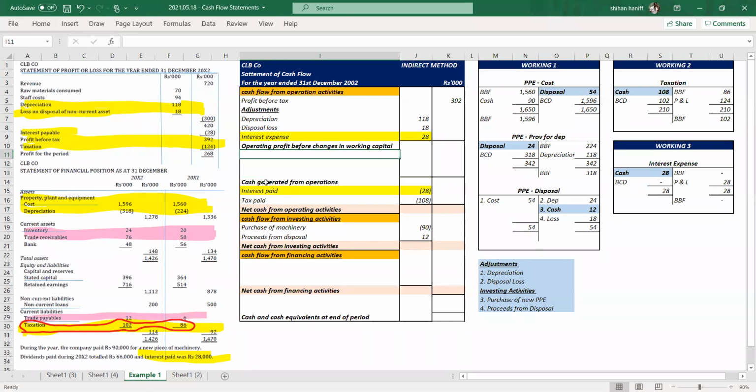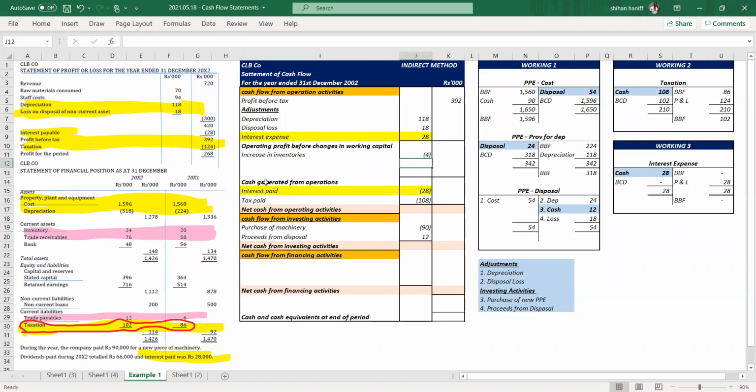What has happened to the inventory? Inventory has increased. Increase in inventories. Inventory has a negative relationship.